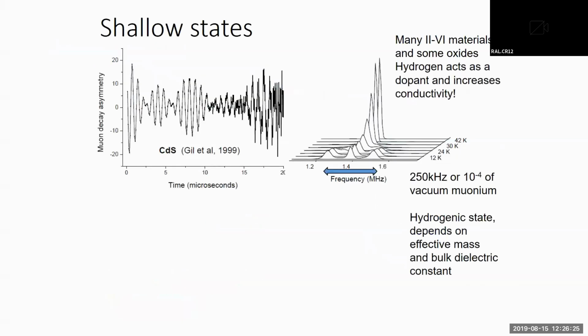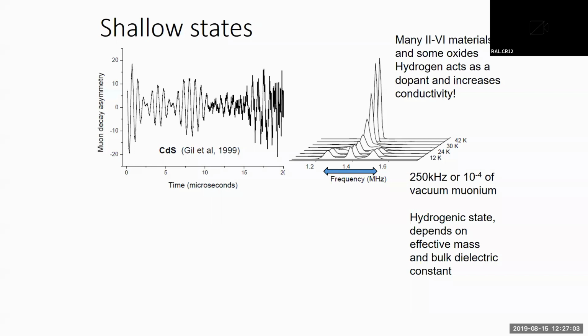The other thing that happens in semiconductors is that rather than forming a tight atomic state of muonium, sometimes the energy levels of the muon are close to the band edge. What effectively happens is that the muon itself is a positive charge defect, but you're capturing a conduction electron into a rather large diameter orbit. This reveals itself as a pattern of beats around what would be the bare muon precession frequency.